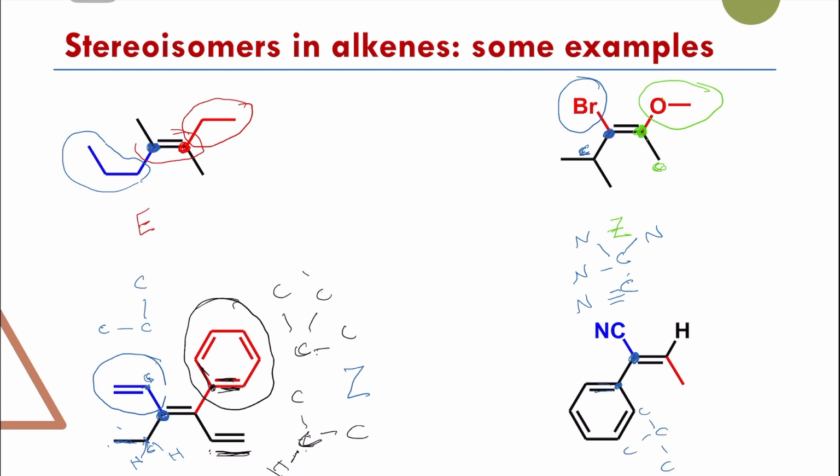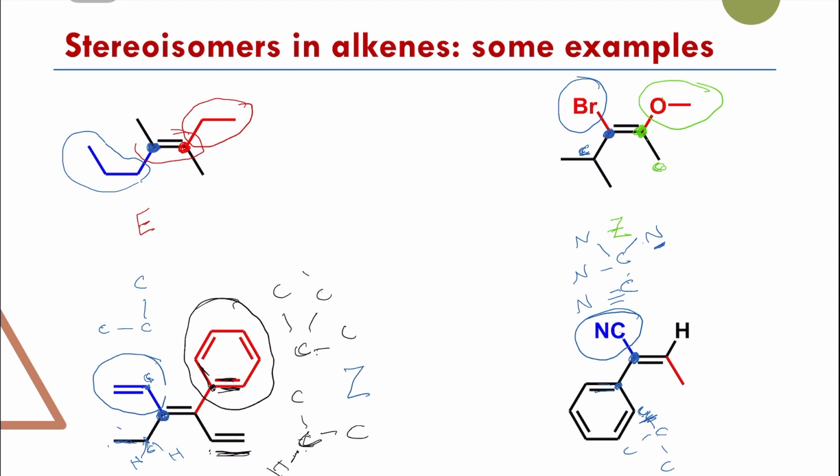Which one will be given the priority? The first carbon is the same here. There is carbon here, and there is carbon here, but the carbon is attached to nitrogen, and the carbon here is attached to carbons. So nitrogen is given priority over carbon. And this is going to be the first point of difference, so the cyano group will be given the priority.